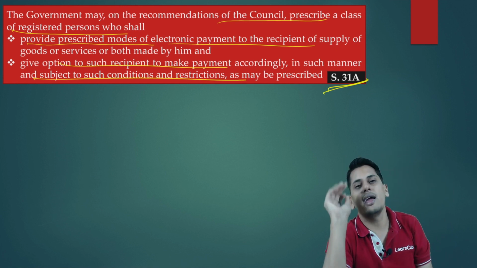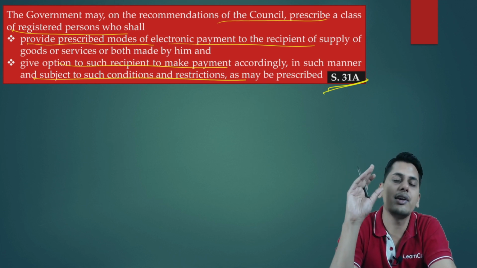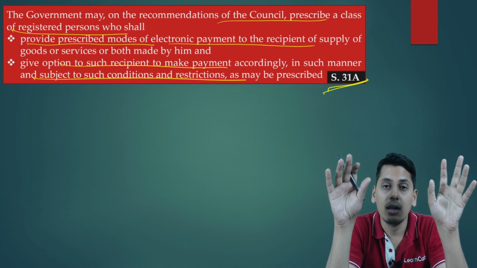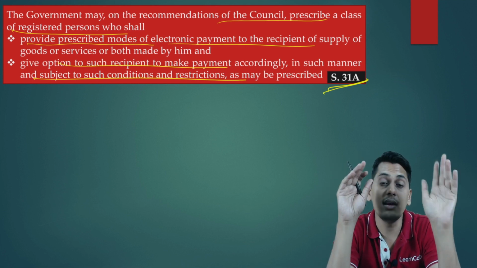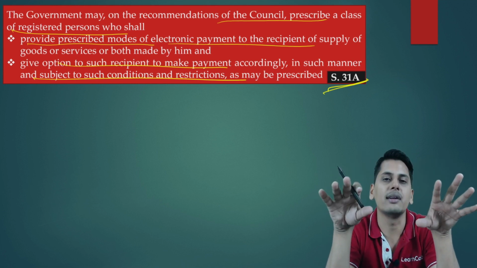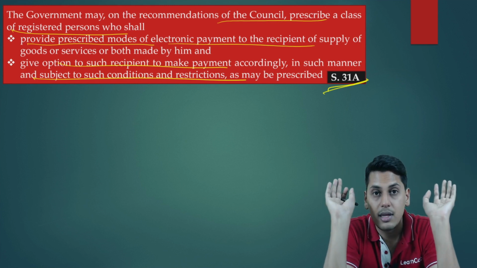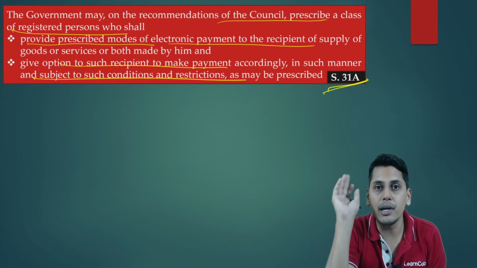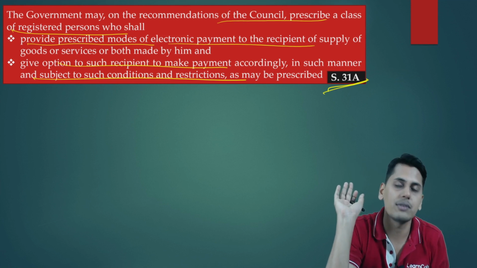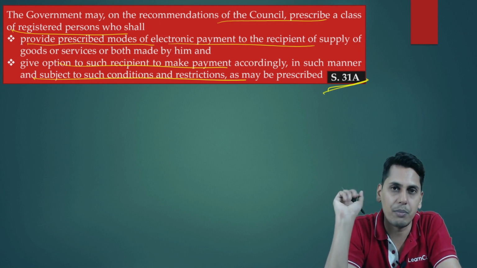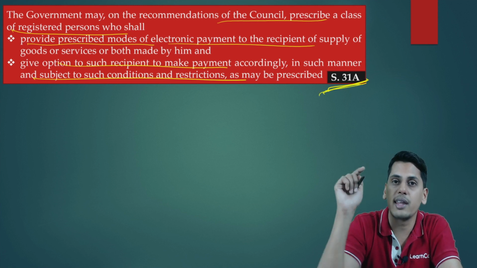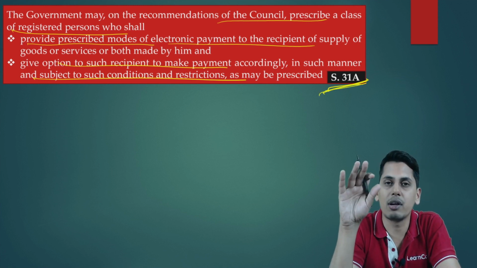So section 31A is telling you the government can notify a class of registered persons. Those class of registered persons, for the supplies which they are making, have to provide an option to the recipient to make digital payments. Whether the recipient is making digital payment or not is the choice of the recipient. The supplier has to give an option to the recipient to make digital payments. It is under this section 31A that the 6th proviso to rule number 46 has come.